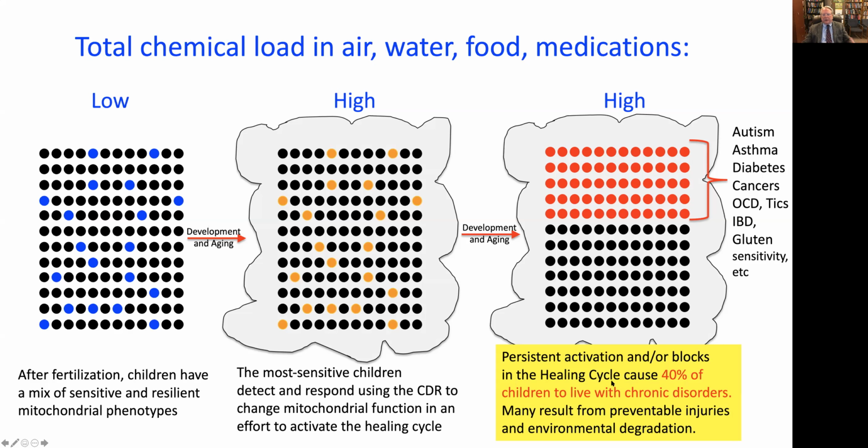So this persistent activation of the cell danger response or blocks in the healing cycle might help to explain why 40% of children now live with chronic disorders. But 35 years ago, for example, when I was in medical school, this number was 5% of children living with these very same disorders.